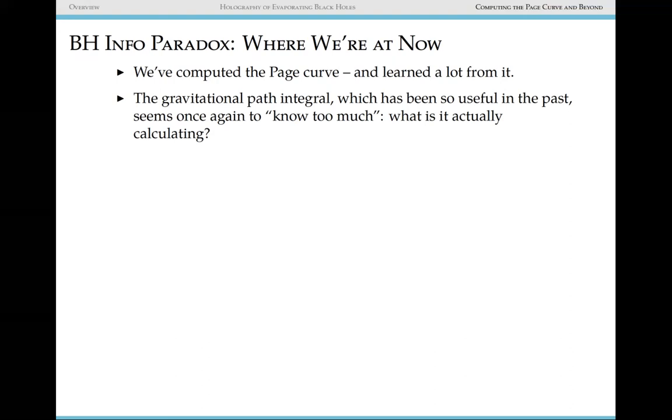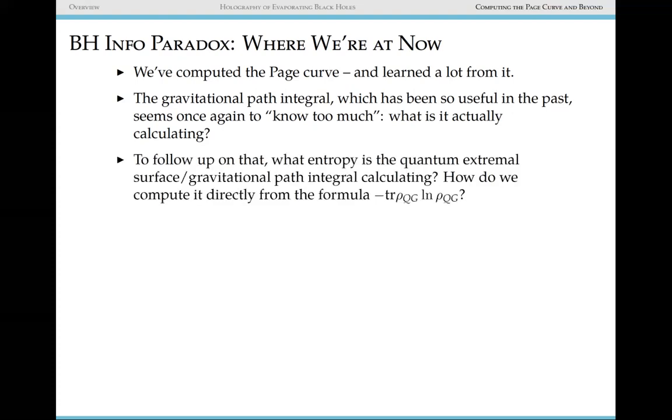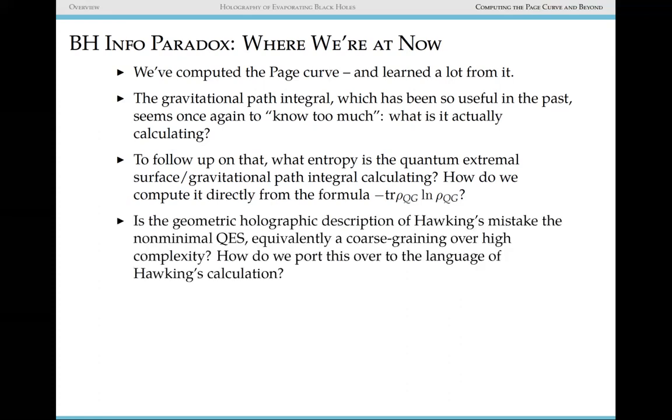So what is the gravitational path integral actually computing? Why does it work so much better than minus trace rho log rho using Hawking's calculation? To follow up on that, if we wanted to compute minus trace rho_QG log rho_QG, how do we do that? What is rho_QG? Can we actually describe that thing in microstates of the black hole?